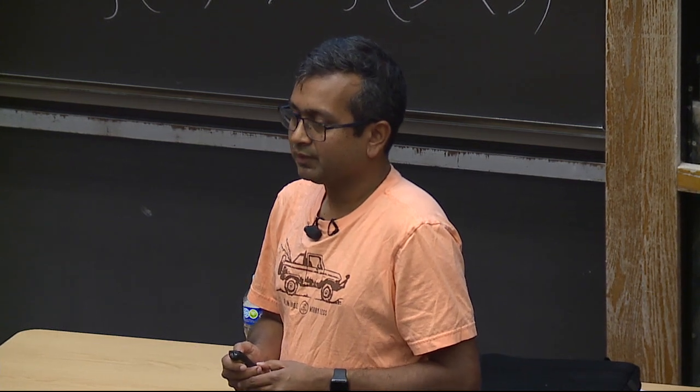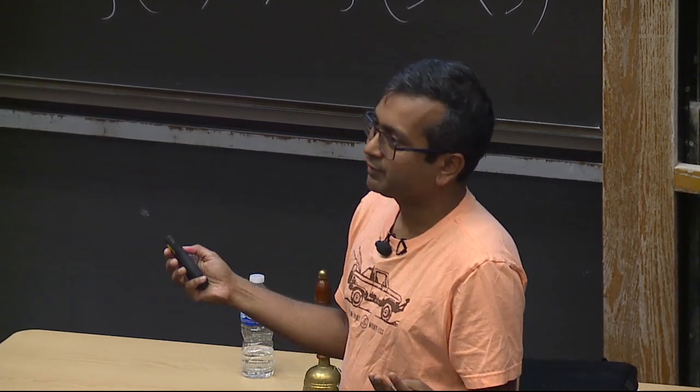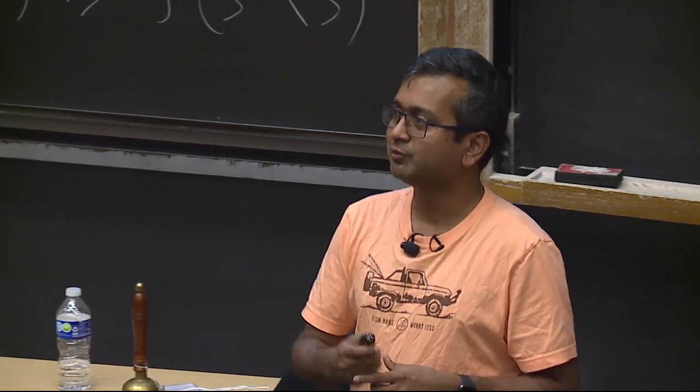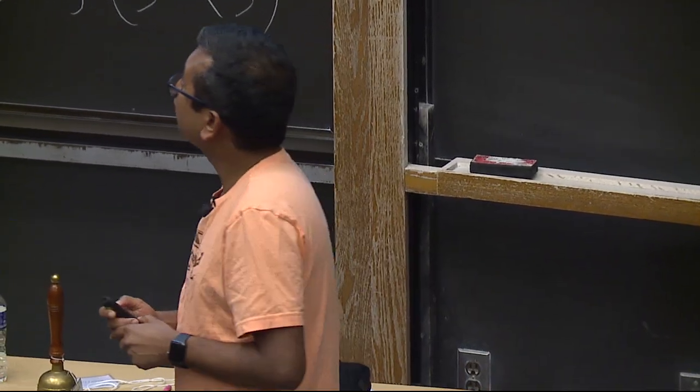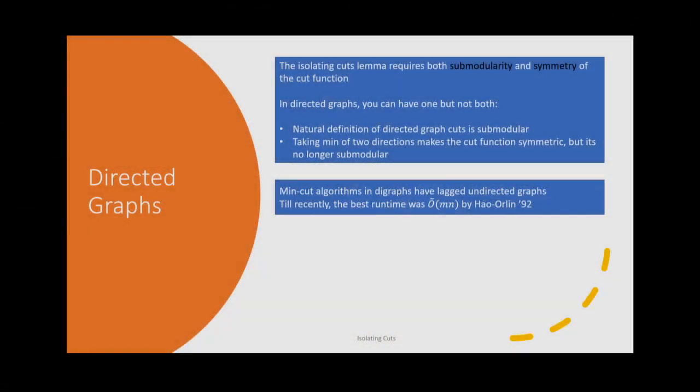Now, even for the basic directed min cut problem, find the minimum cut of a directed graph, for a long time the running time, and even now the running time of directed min cuts, lagged that of undirected min cuts quite substantially. In fact, this algorithm by Hao and Orlin from the early 90s was the best known algorithm for directed min cut till 2 or 3 years back, and its running time is m times n.